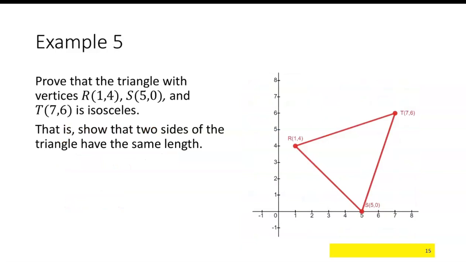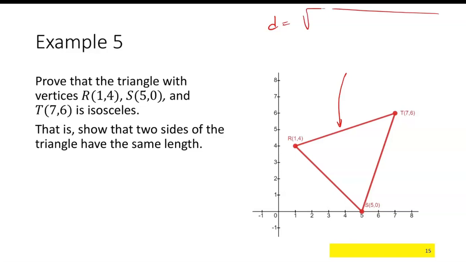So prove that the triangle with vertices at 1, 4, 5, 0, and 7, 6 is isosceles. That is, show that two sides of the triangle have the same length. So let's start with this one right here, between R and T. The distance would be the square root of the difference of the x values.